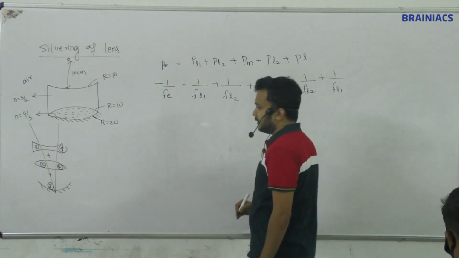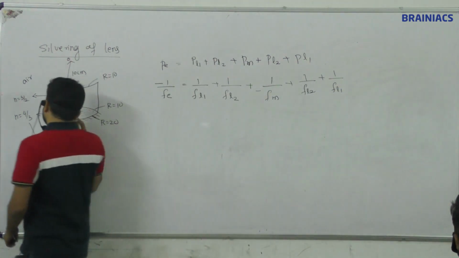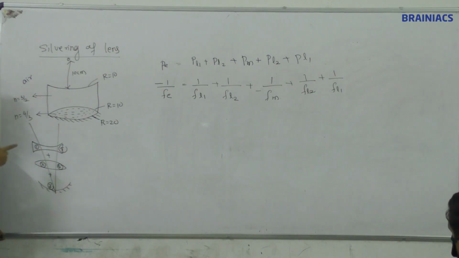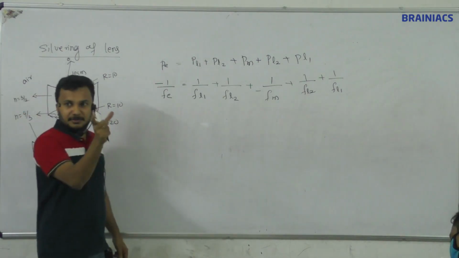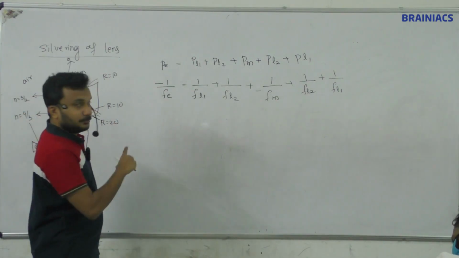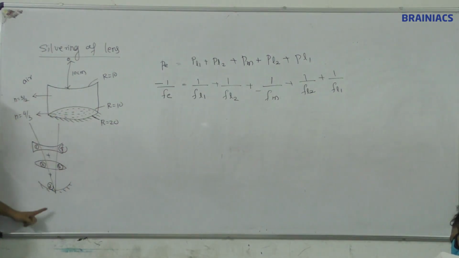This is the beauty of this question, because you can't apply the previous formula by heart here. You can't apply it because 3 structures will be there. The previous formula we learned was for 2 structures, lens and mirror, that's all. This structure has changed: 2 lenses, 1 mirror.